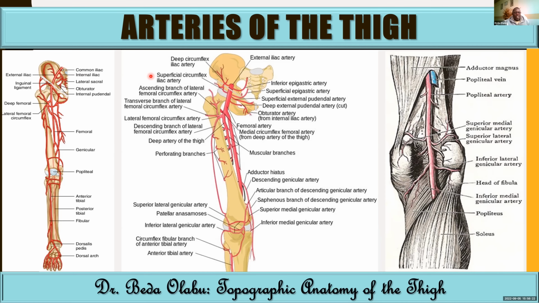So those are superficial branches of the common femoral artery before its termination. There are branches of the common femoral artery before the common femoral artery bifurcates into superficial and deep femoral artery.